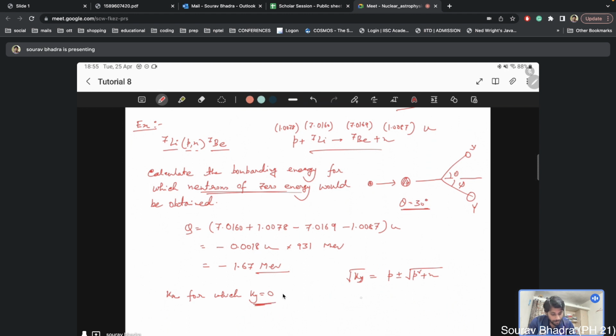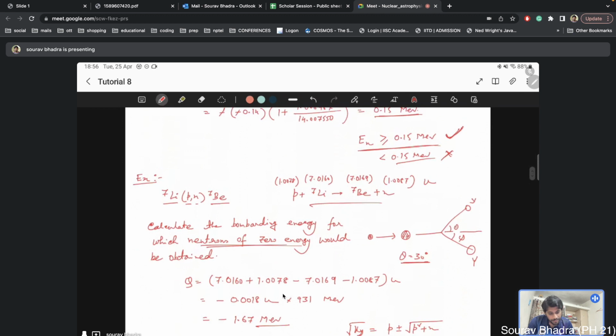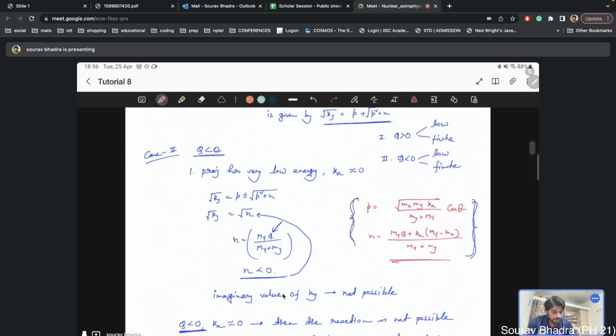And we need Ky equals 0 according to this problem, that means 0 equals p plus minus root over p squared plus n. Now take p to this side and square both sides, that means p squared equals p squared plus n, so p squared will cancel out and n will be 0 under this consideration. And the expression of n you also know.